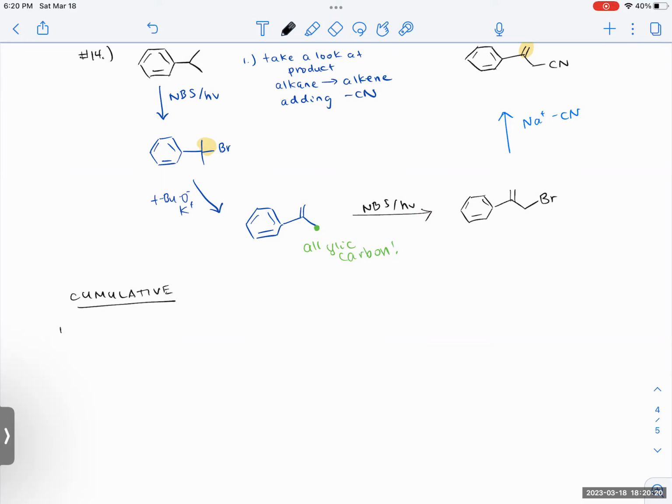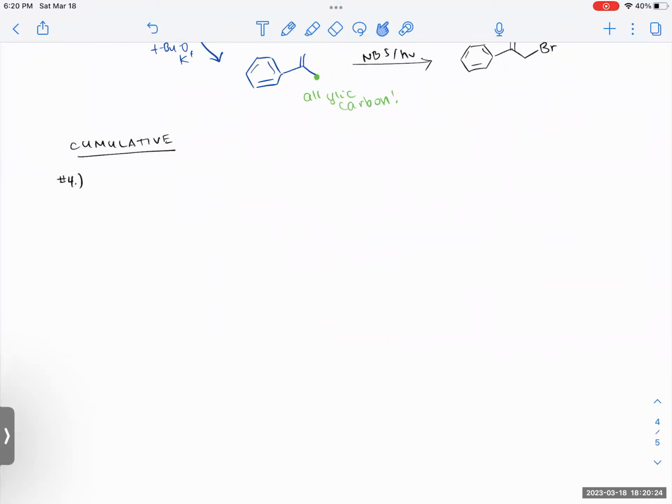Okay, so number 4. We start with this. We're told plus minus, and that is once again because this carbon is a chiral center, but it's equal parts both enantiomers. And then we are given the steps, but not the product.